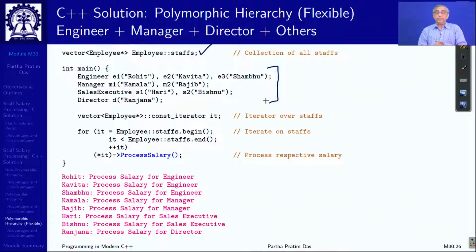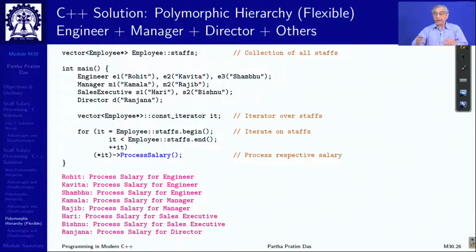Then finally, I have to go over this vector. So, what I do is the standard vector mechanism. I will construct a constant iterator. Why constant? Because I do not expect to change any employee object, just process that. So, I go from begin up to end, with plus plus, and on every item I will call process salary.